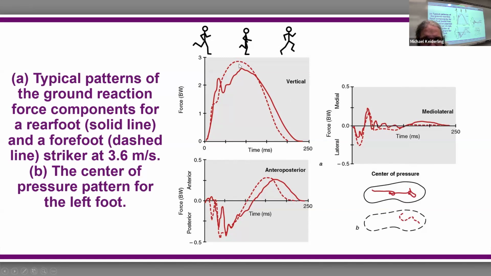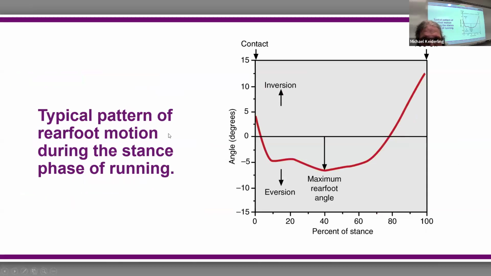The dashed line is the forefoot that's hitting the ground. This is the typical pattern of rear foot motion during the stance phase of running: contact, inversion, eversion, the maximum rear foot angle, and toe off.